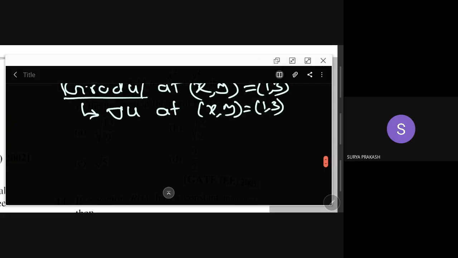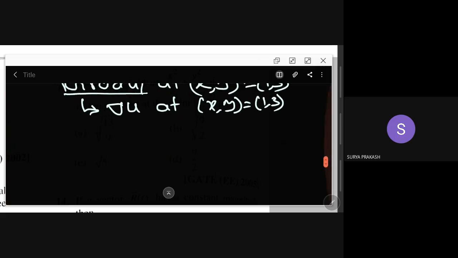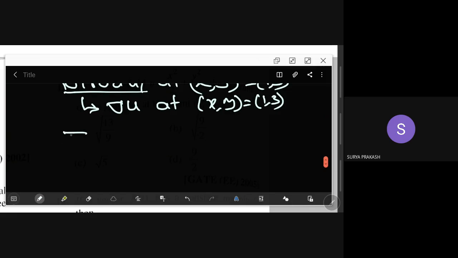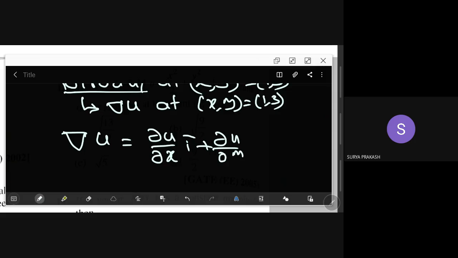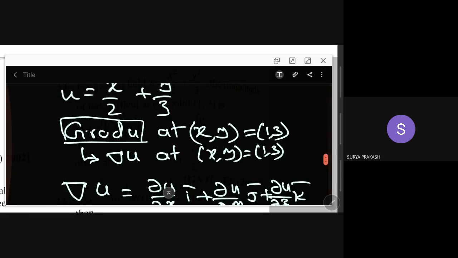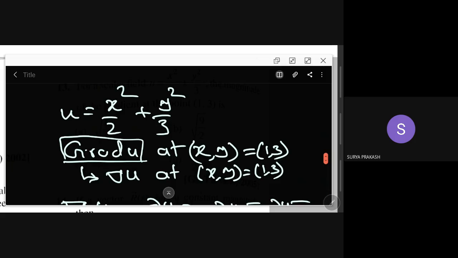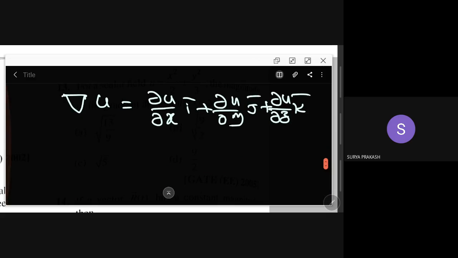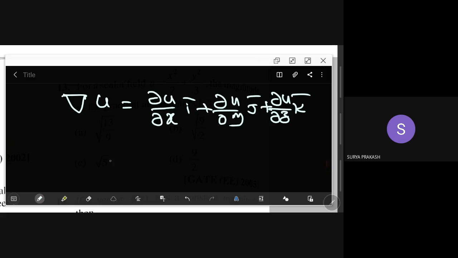So see what is happening here. What is the grad u formula? Grad u is dou u dou x i bar plus dou u dou y j bar plus dou u dou z k bar. So what is dou u dou x? Dou u dou x is 2x by 2, so x, that is x i bar plus.